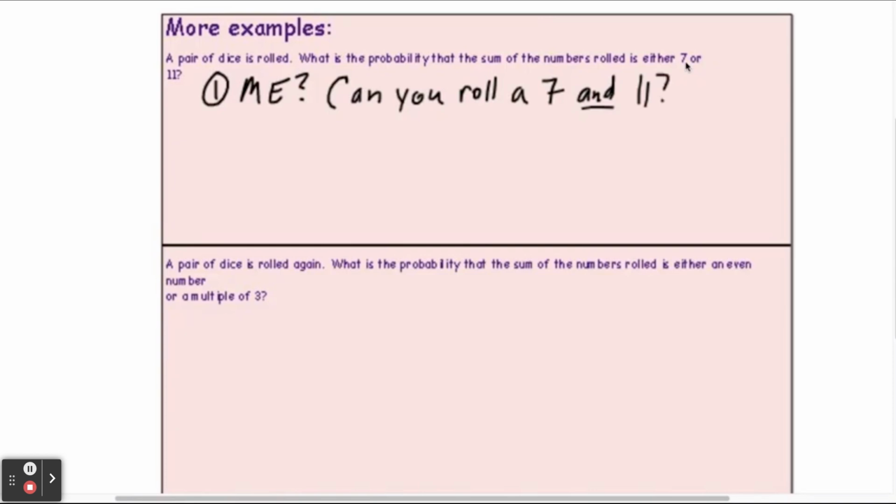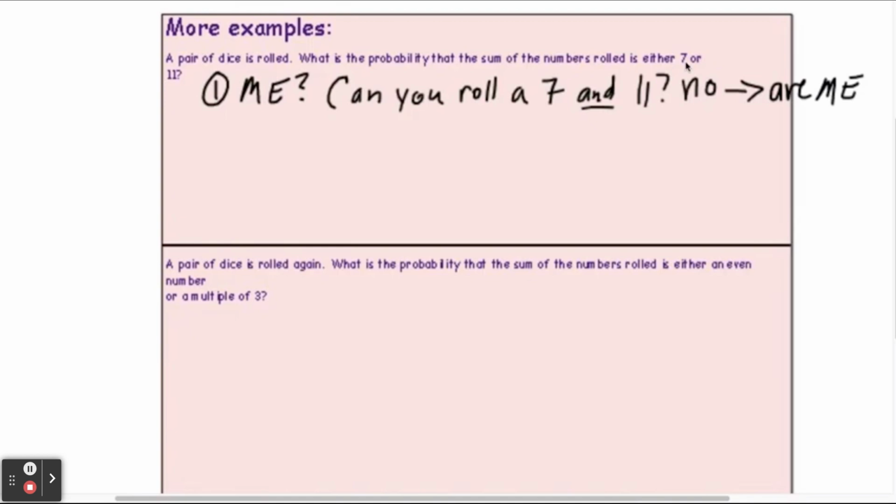Okay, well, I mean, think about it logically. If you are rolling two die, they can't add to two different numbers, right? If you roll a 3 and a 4, that gives you 7. There's no way that 3 plus 4 can give you 11. If you roll a 5 and a 6, that gives you 11. There's no way that 5 plus 6 can also give you a 7. Okay, so no, these can't happen at the same time. So again, that means that they are mutually exclusive.